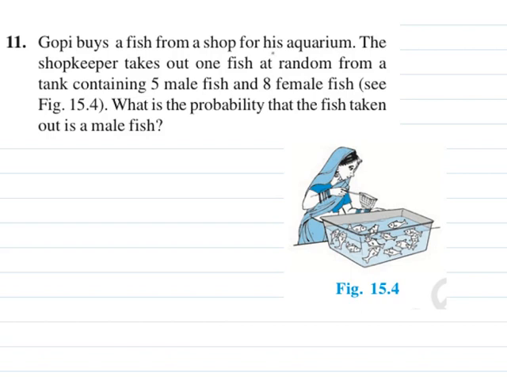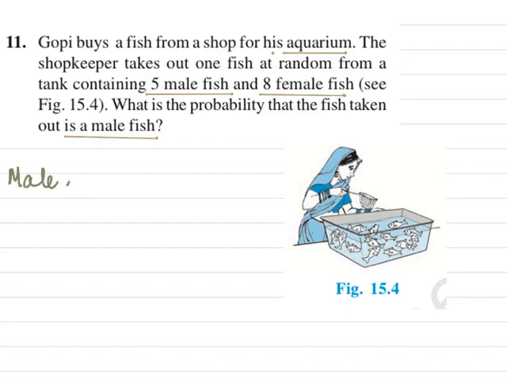Gopi buys a fish from a shop for his aquarium, and the shopkeeper takes out 1 fish at random from a tank containing 5 male fish and 8 female fish. What is the probability that the fish taken out is a male fish? So first we have to know what the total outcomes are.